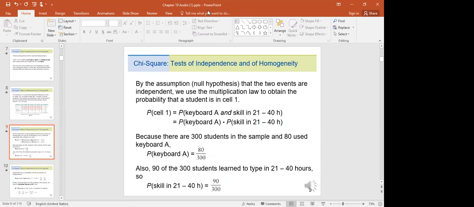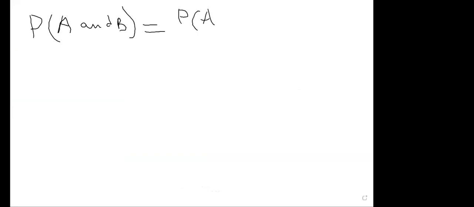To do this, I will go back to the whiteboard to remind you of a concept we learned in chapter 4, independence of events. We learned that the probability of A and B was equal to probability of A times probability of B when the events are independent.